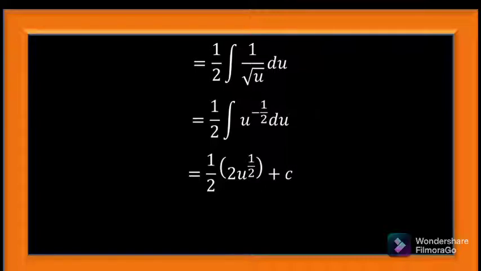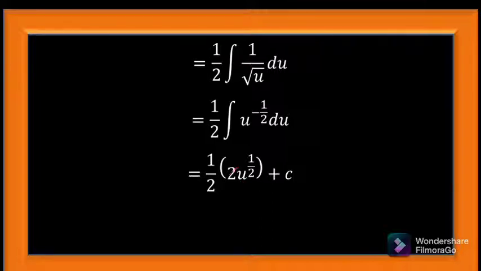Now what has happened here is that we have increased this power negative a half. We have added a 1 to it. So negative a half plus 1, you get a half. So it means our integral becomes u power half divided by a half. But u power half divided by a half is the same as u power half times 2 out of 1, which is the reciprocal.